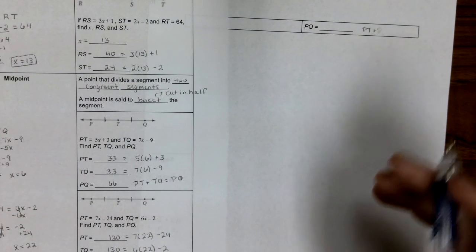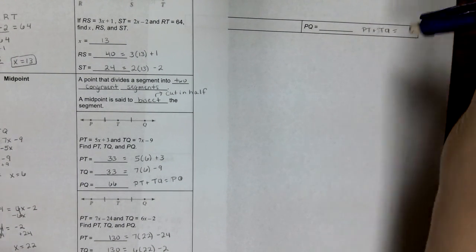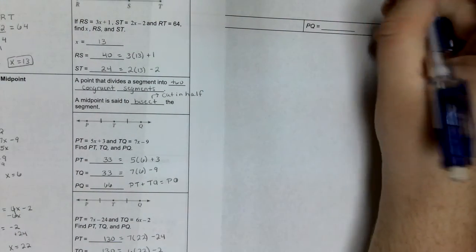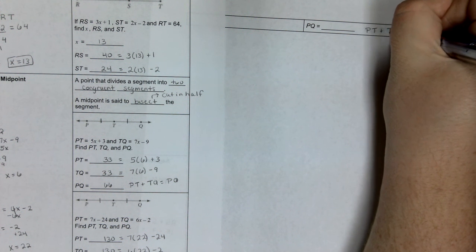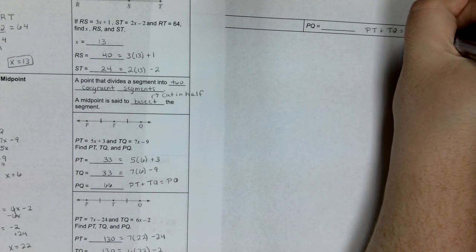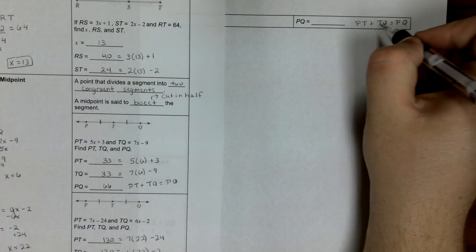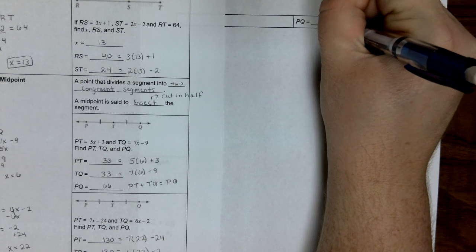That's funny. My handwriting is atrocious. PT plus TQ equals PQ. And so both these pieces were 130. 130 plus 130 gives us 260.